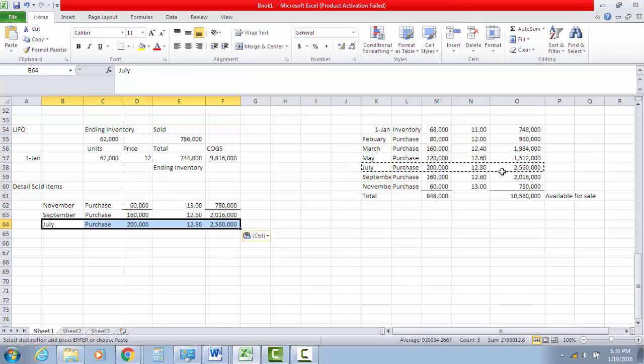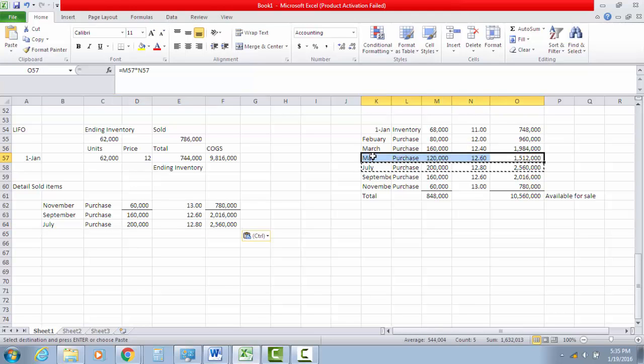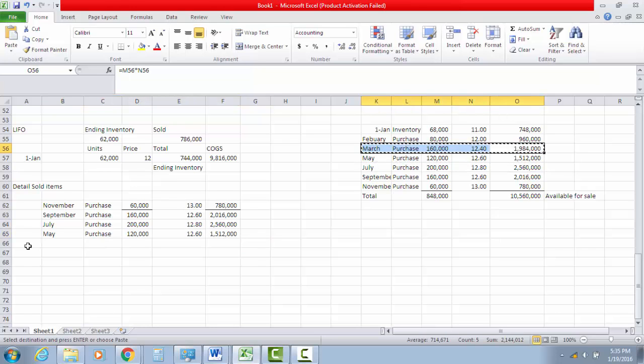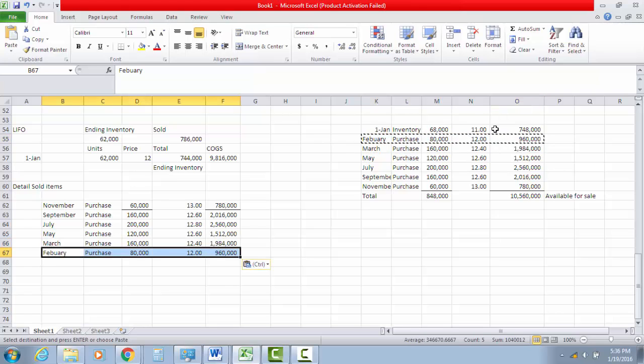So you would sell November 1st, then you'd move on to September, then you'd sell July, then May, then March, then February, and then you would sell part of January.